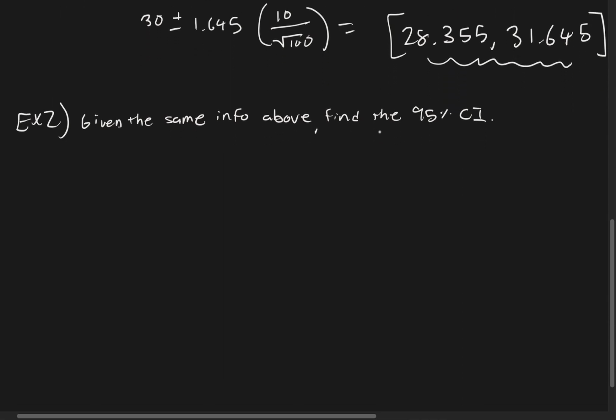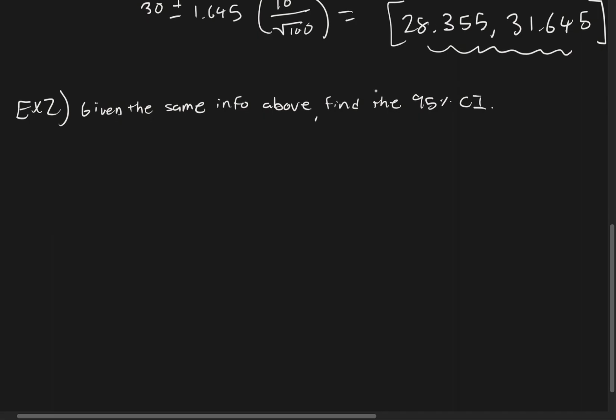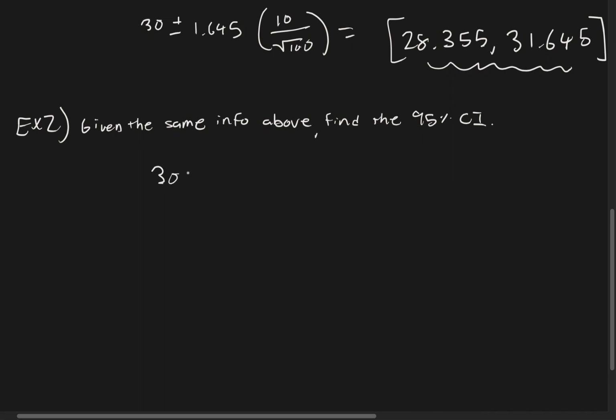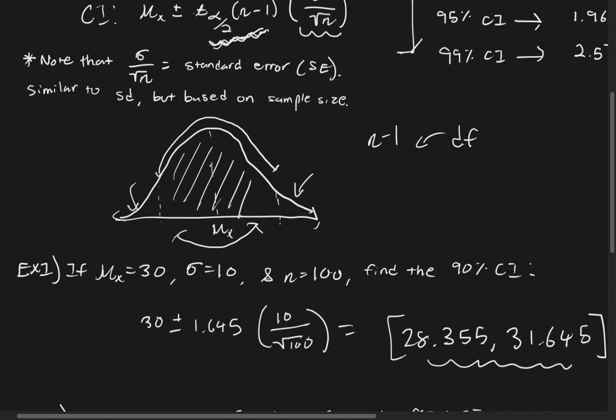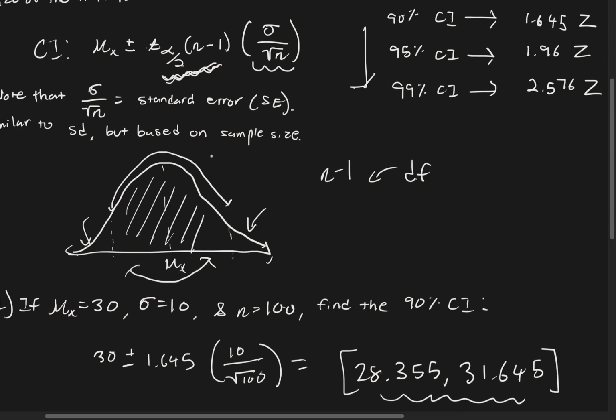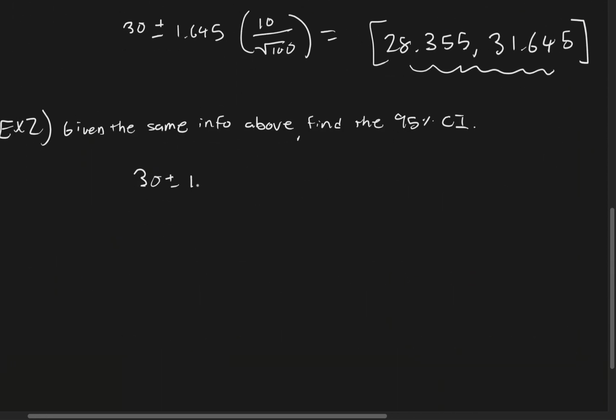Okay, so if we want to be more confident about our random variable falling in a given interval, let's say we want to be 95% confident. So it will be a similar formula, except we would use a different z-score. So in this case, 1.96.